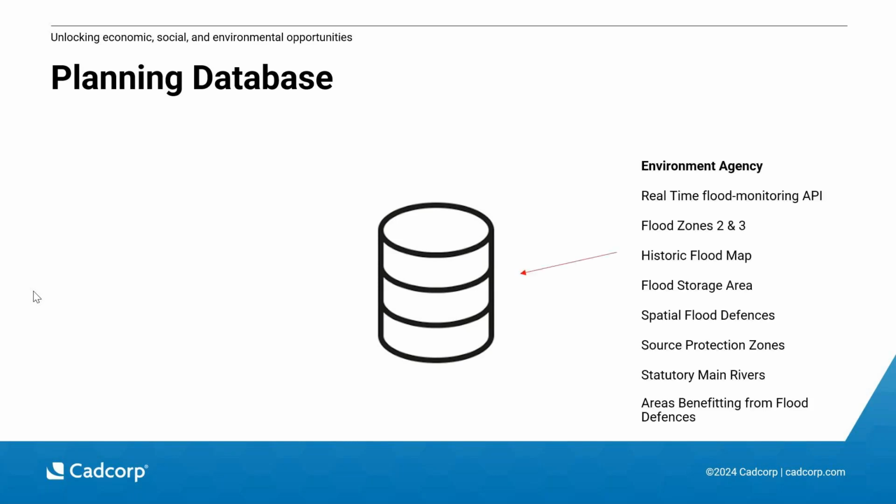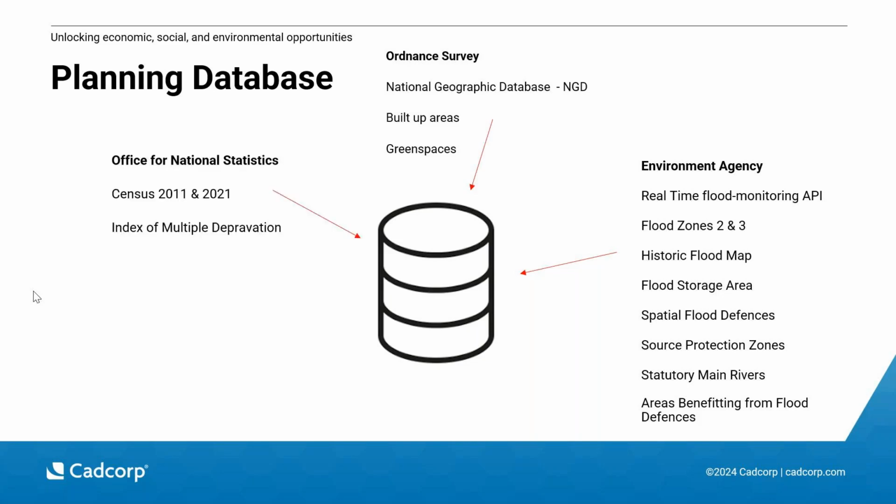And this might include lots of different information from the Environment Agency, might be the Ordnance Survey, the new National Geographic database, for example. Office for National Statistics, historic information, and any others that you guys can think of as well.